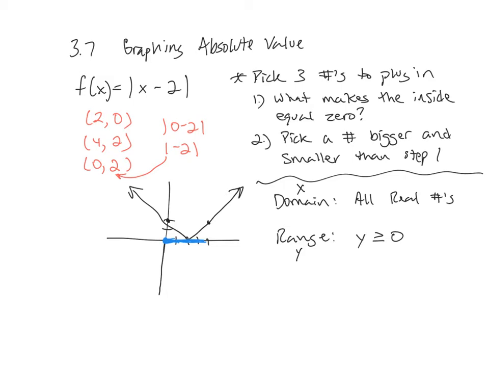All right. So just do one more, and then we'll talk about the last thing it wants us to do. So if I did this problem, I need to pick 3 numbers.